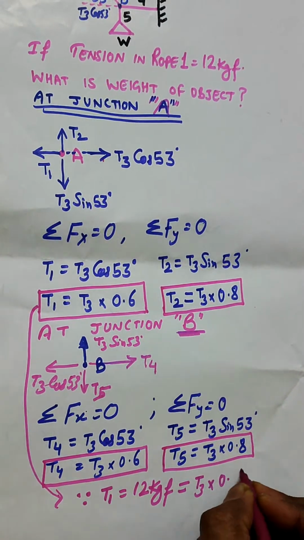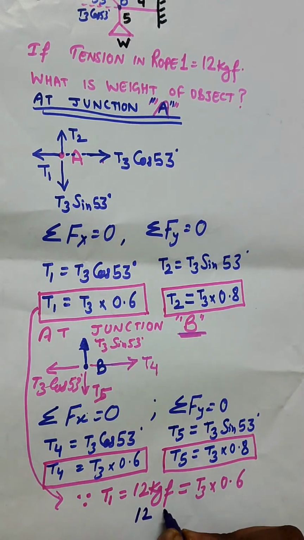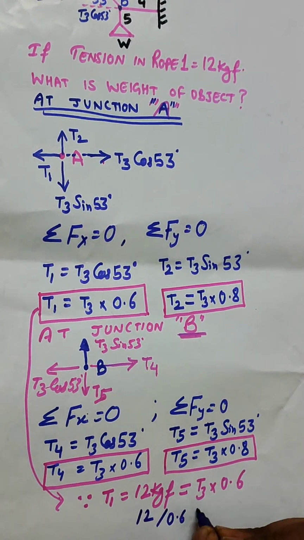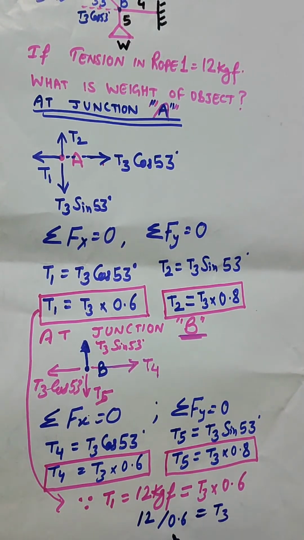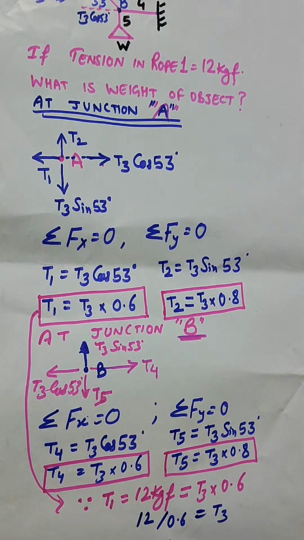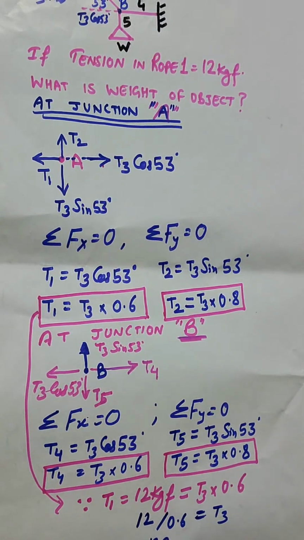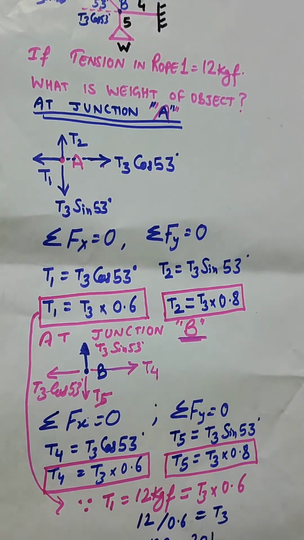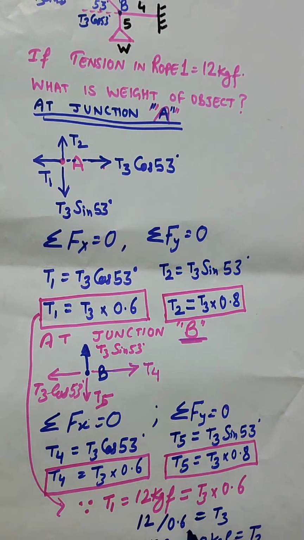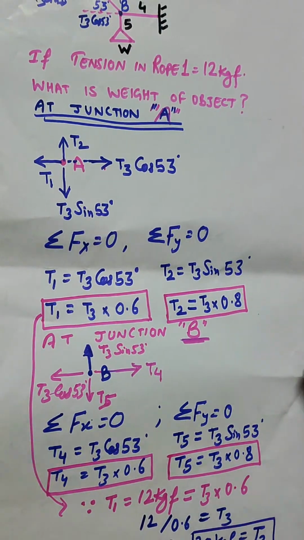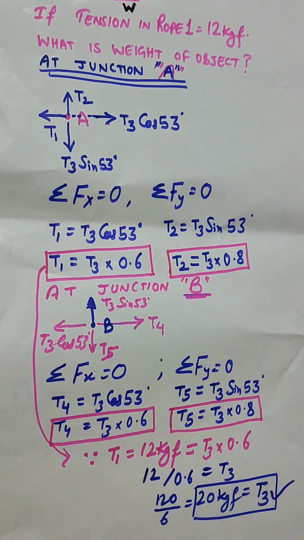This will give you the value of T3: 12 by 0.6 equals T3, which gives 120 by 6, equal to 20 kgf. So this is the value of T3 which is calculated.